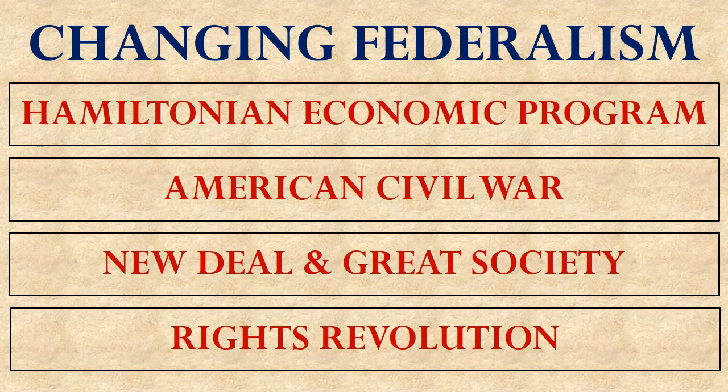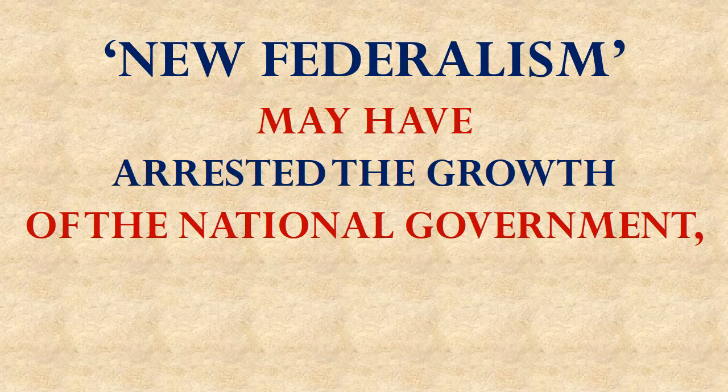In previous lessons, we've learned about a series of historical events that helped transform American federalism. These are not the only historical events we could have talked about, but they're particularly prominent ones. We also learned about the more recent developments of new federalism.